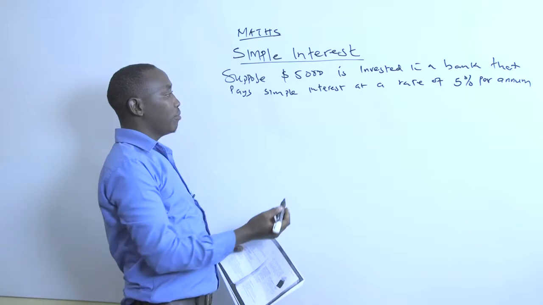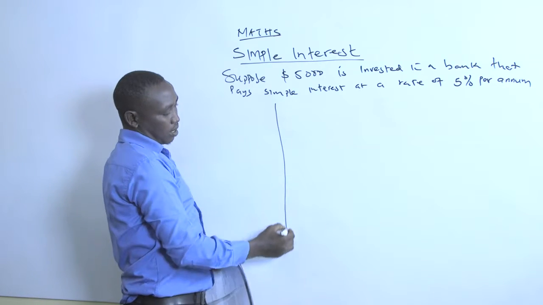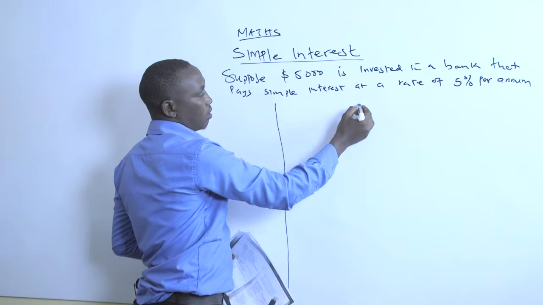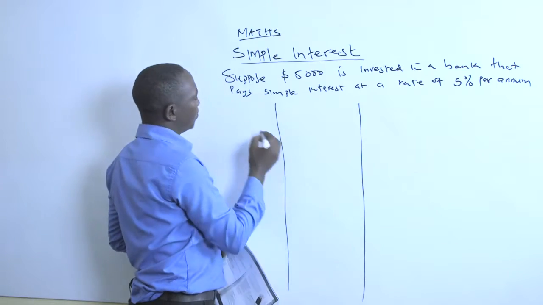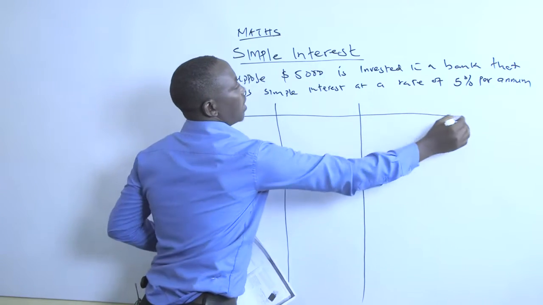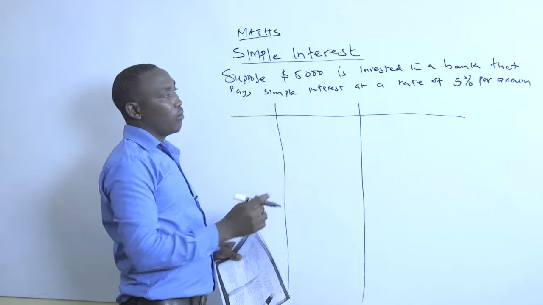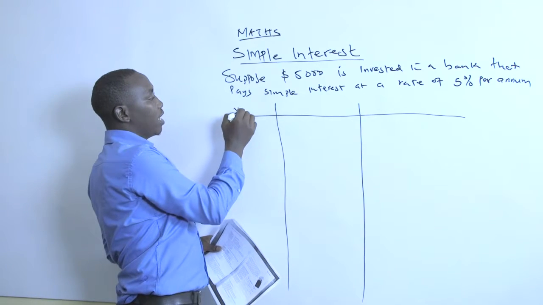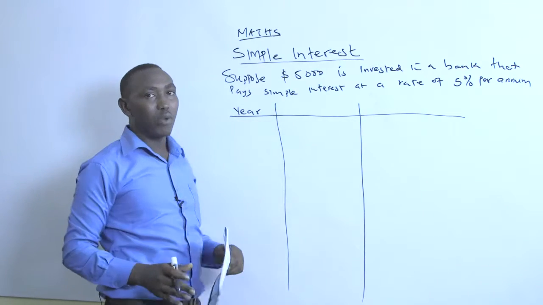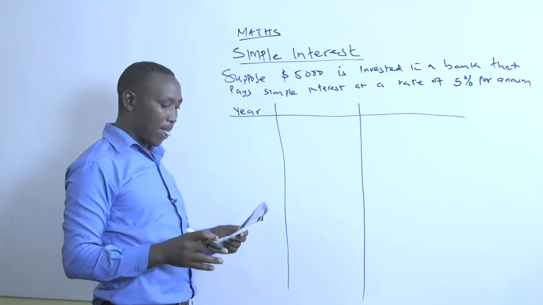So we'll generate a table. This table will have the interest period, and in this particular case we are going to use years.